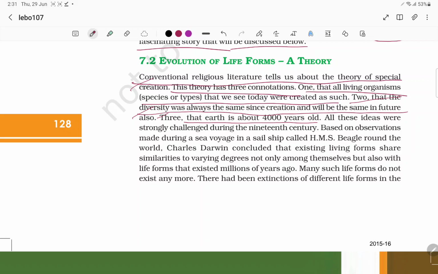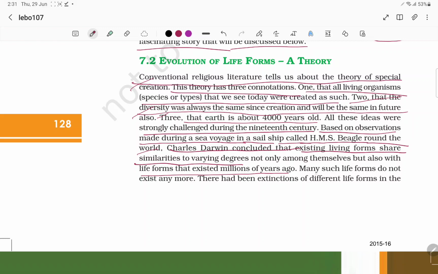All these ideas were strongly challenged during the 19th century by Charles Darwin, based on his observations during the sea voyage around the world in the sail ship called HMS Beagle. Darwin concluded that existing life forms share similarities to varying degrees, not only among themselves, but also with life forms that existed millions of years ago.